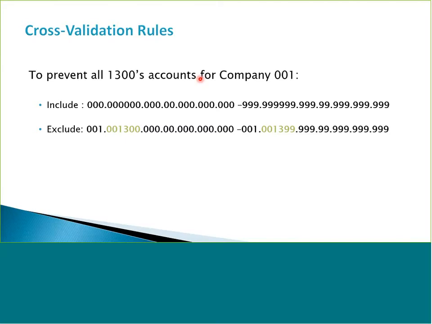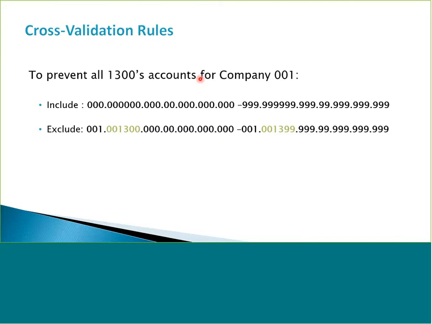So as we said, cross-validation rules allow the valid combinations to enter into the combinations table, and they prevent the invalid combinations from entering the combinations table, meaning the valid combinations can be used by end users and the invalid ones will not be used.